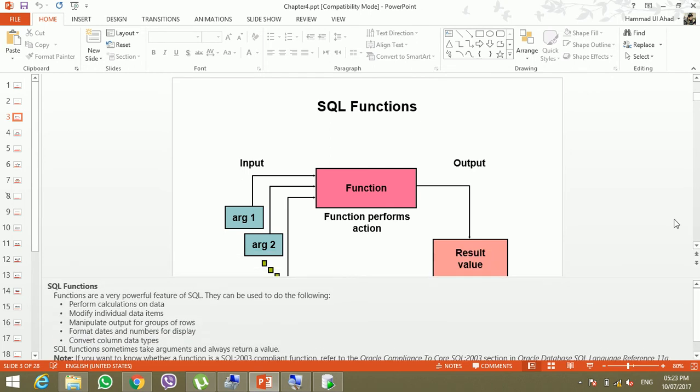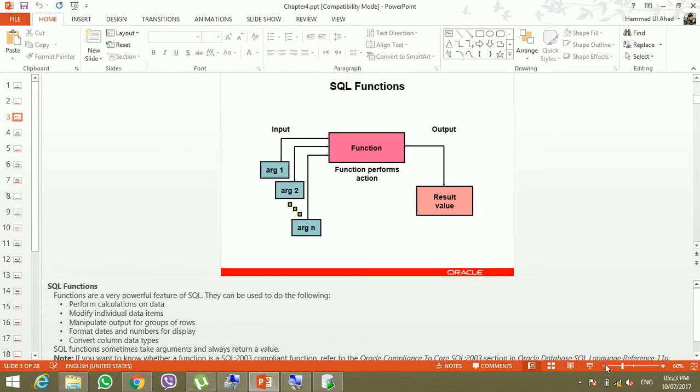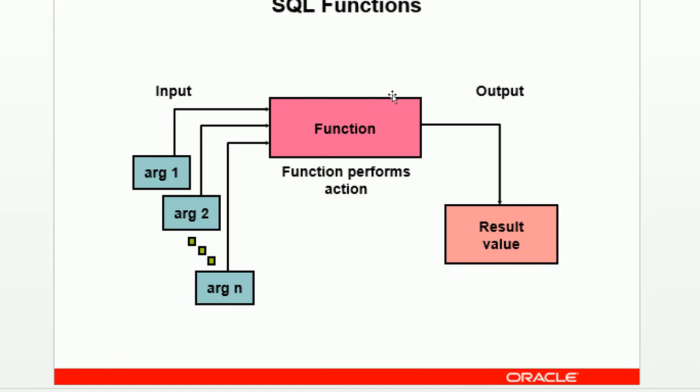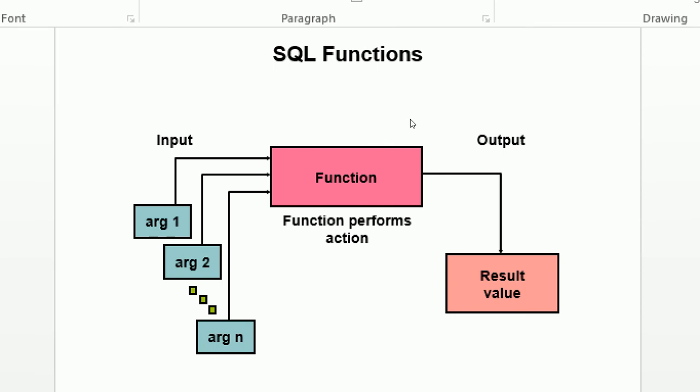So look at this block, the function block. The input might be more than one argument. Arguments are any data values which you give to the function to perform an operation on. Clear? And the output will be the result value, the one result value. So this is the single row function.